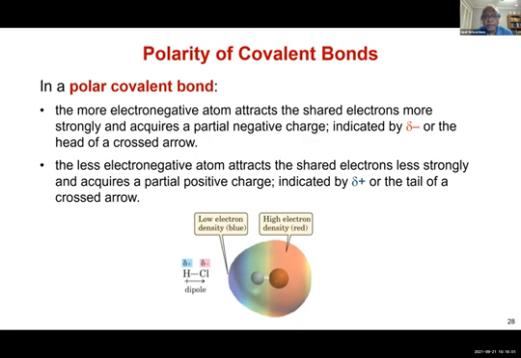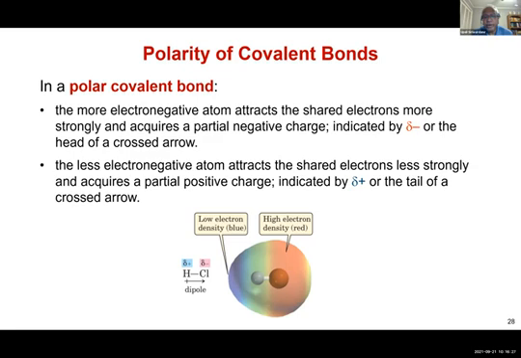The dipole is shown by an arrow with a cross. The cross is the positive end. The arrowhead is the negative end. If you look at the electron distribution in the HCl molecule, the chlorine is in the blue, in the red.